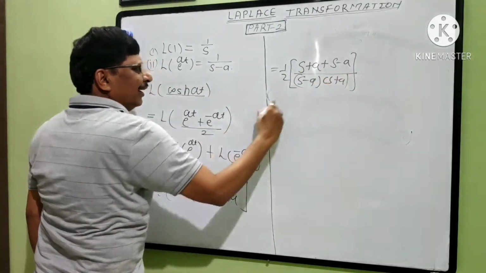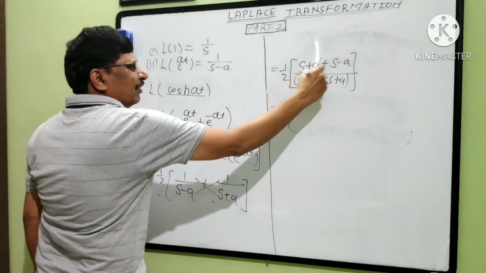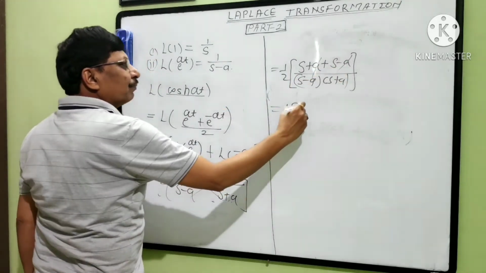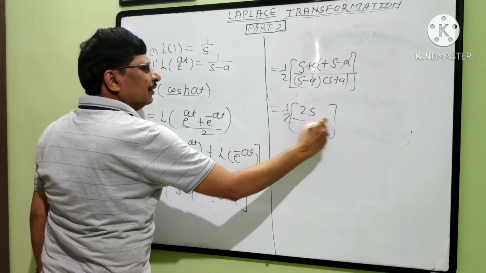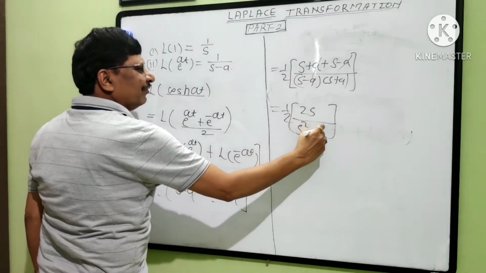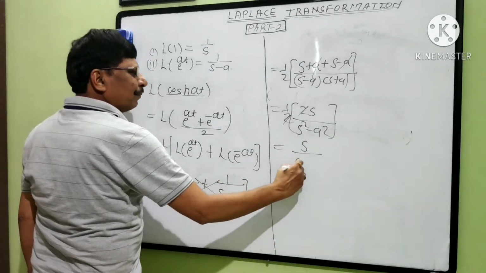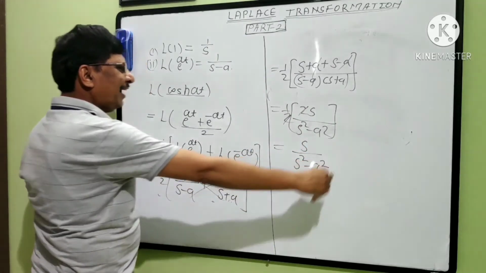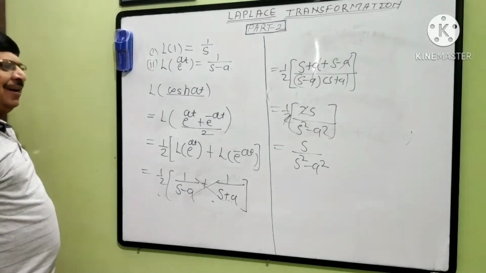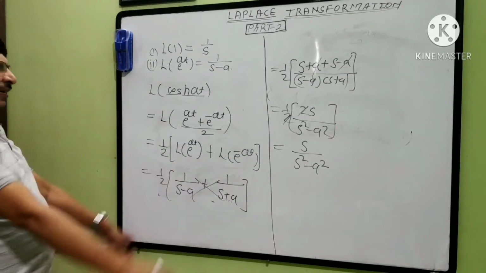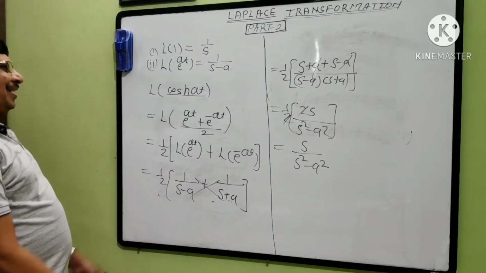The a and minus a get cancelled, s plus s is 2s, and then s square minus a square, the 2 gets cancelled, and we get the Laplace transformation of cosh(at) is s upon s square minus a square.